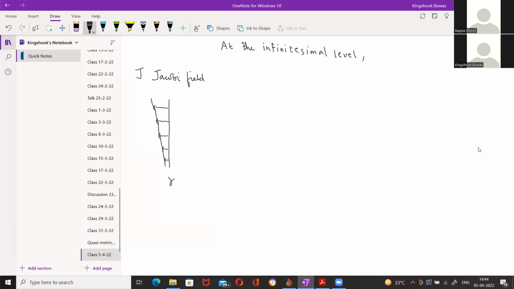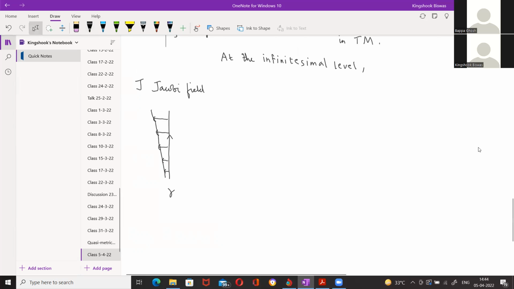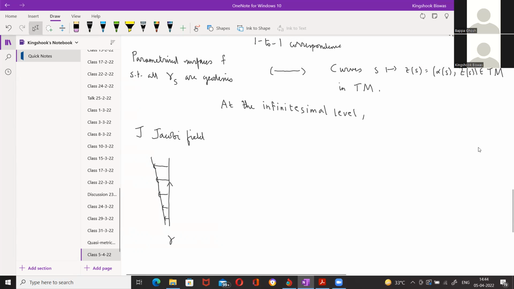That's the idea. So at the infinitesimal level on the left-hand side, we get Jacobi fields replacing these parametrized surfaces such that all the gamma s's are geodesics. This should be in one-to-one correspondence with what we have at the infinitesimal level on the right-hand side.